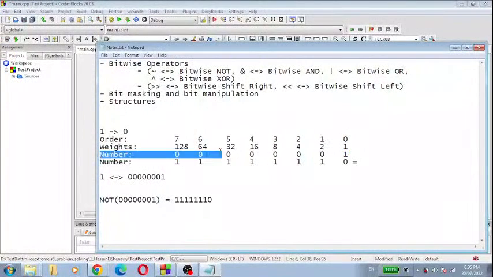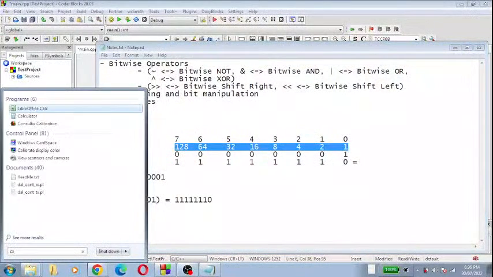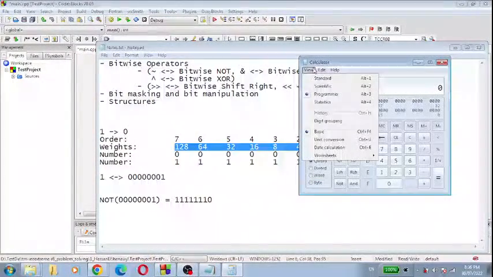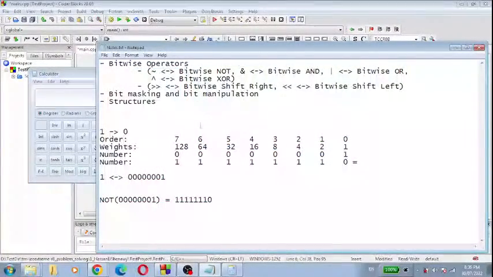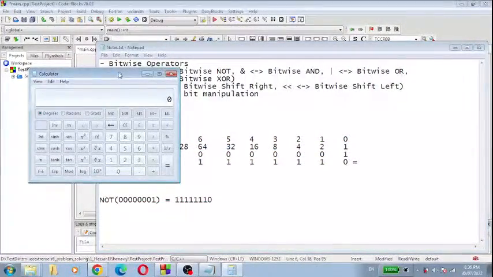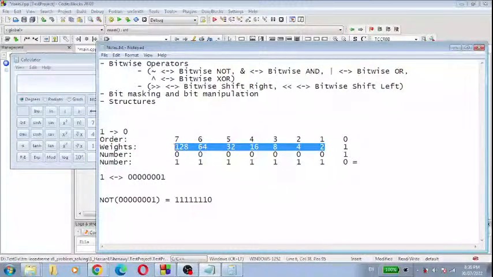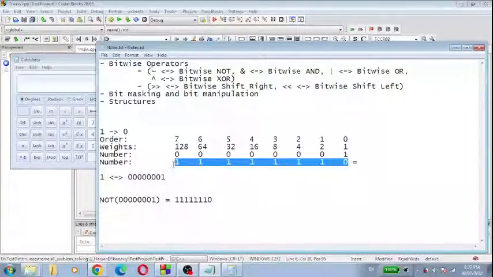If you sum all of these, you are going to get 255 actually. Let's get our calculator. It is easy, but our calculator is going to be faster for us. I'm going to sum all of these together to get the value of this number in decimal.